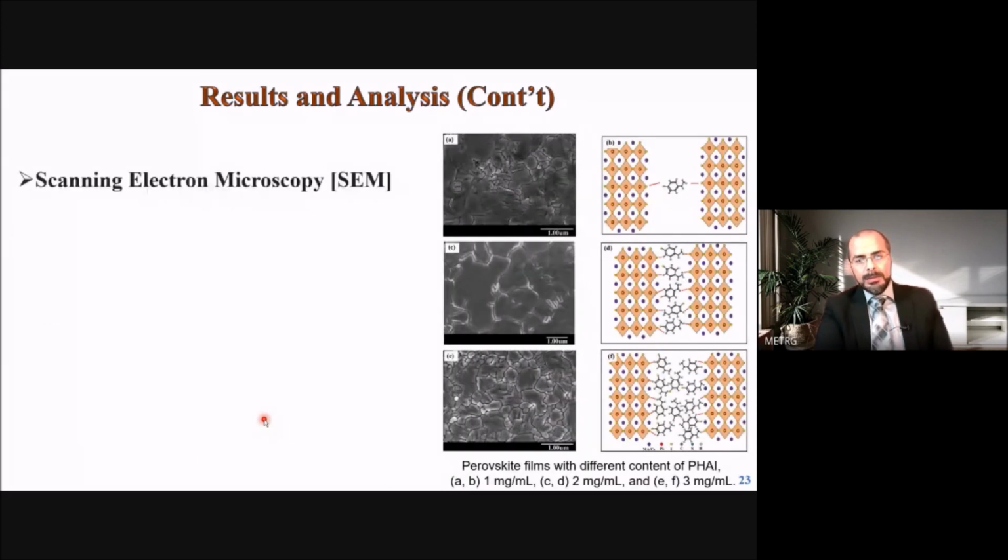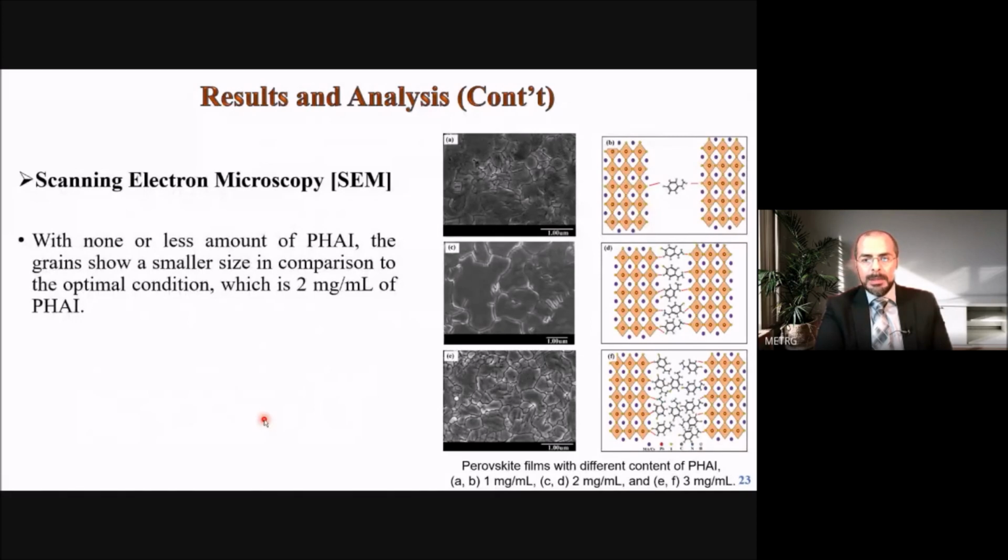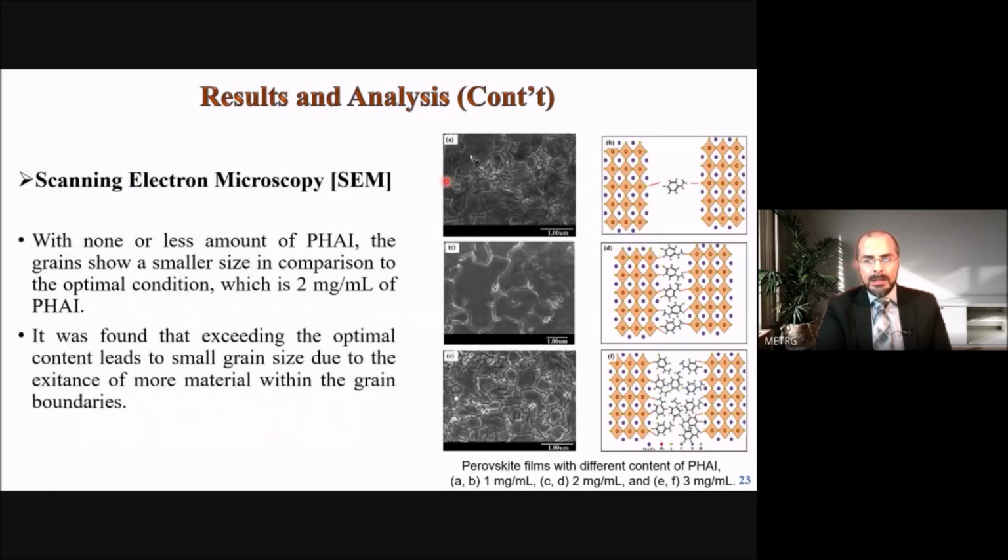So I tried to put some schematic describing why this happens. We see at zero smaller grains, but as we increase the content of PHI, we see at 2 milligrams per milliliter, a good grain size bigger. But as we added more, the grain size reduced, getting smaller and smaller.